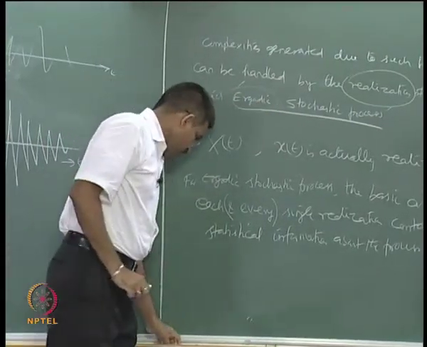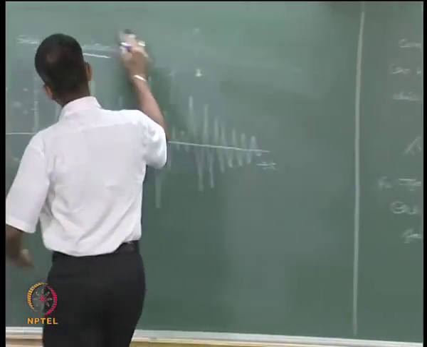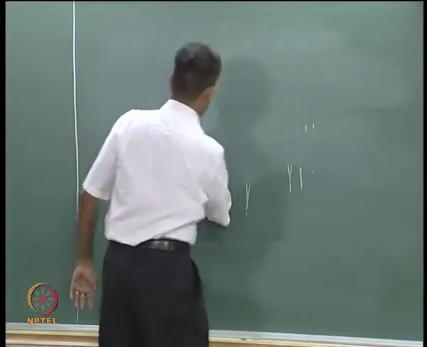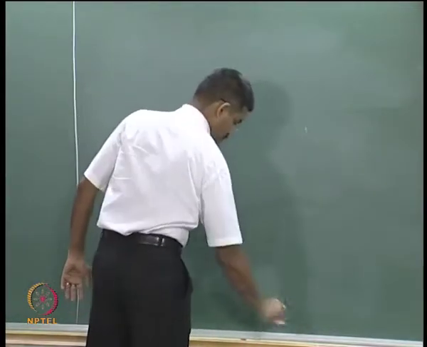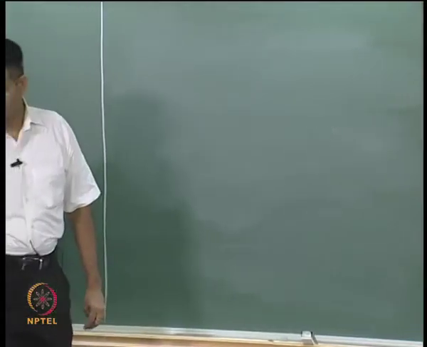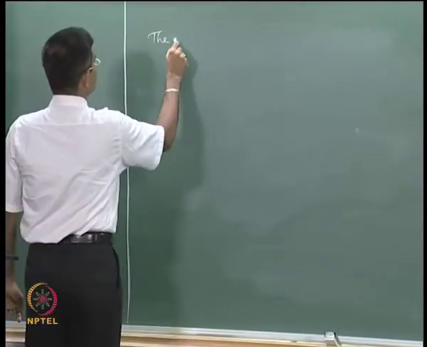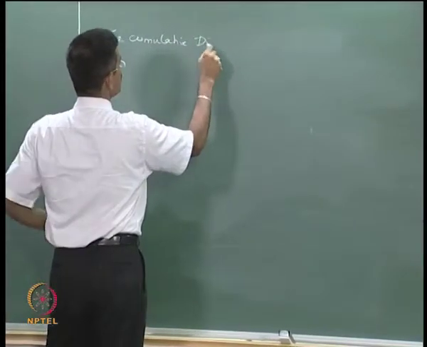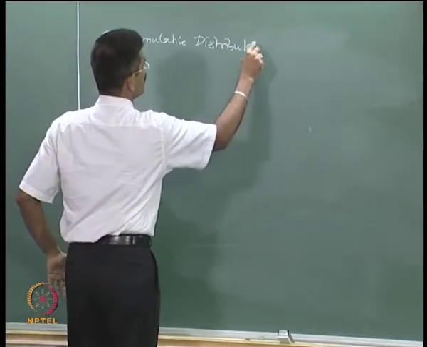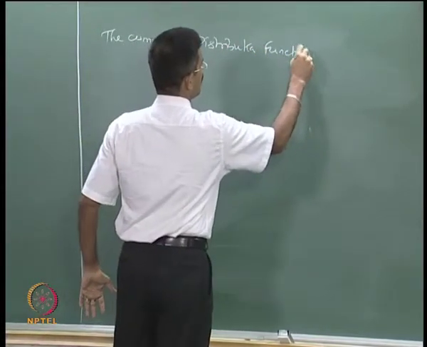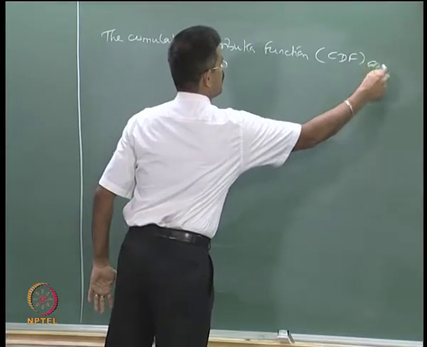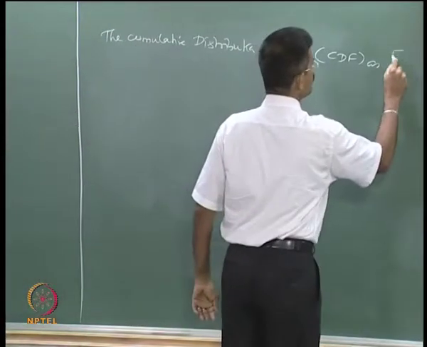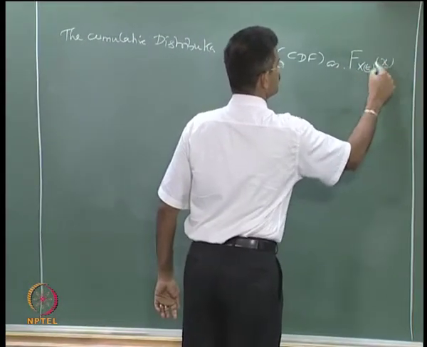Once we say the process is ergodic, then we define the cumulative distribution function as f of x t of x.